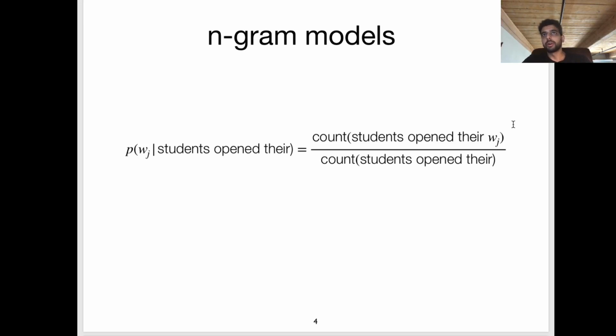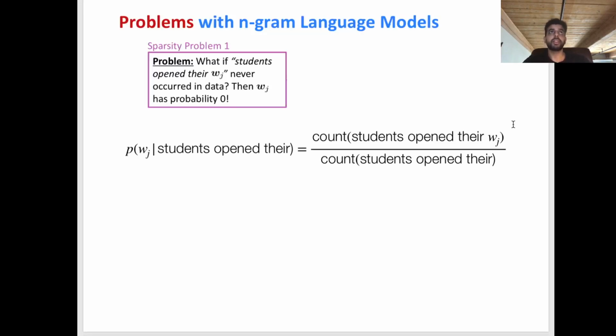Okay, so before we get into neural language models, I want to go over some of the issues with n-gram models that motivate more complex models. The first issue is this problem of sparsity. We looked at this briefly last time, but let's say this numerator here, the count of students open their W sub j, is 0 for a particular W sub j.